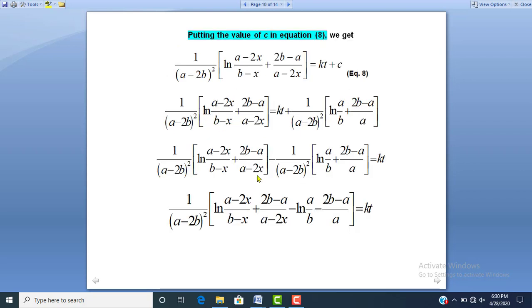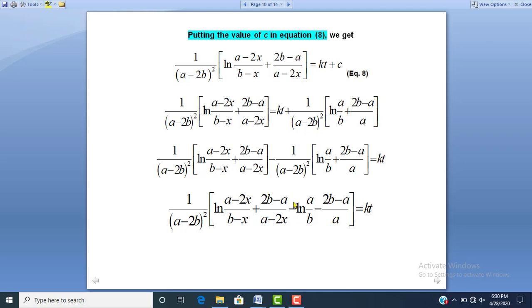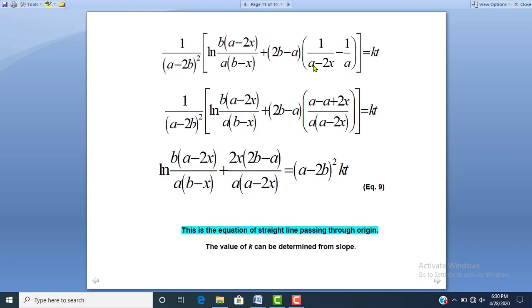So what we did here, we simply applied the logarithmic rule that log m minus log n is equal to log m over n. So this a minus 2x will be multiplied with b and b minus x will be multiplied with a. So log natural b into a minus 2x divided by a into b minus x, plus 2b minus a, it is the common term here, divided by a minus 2x.